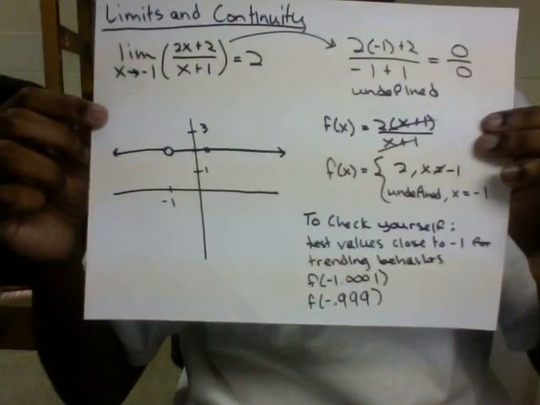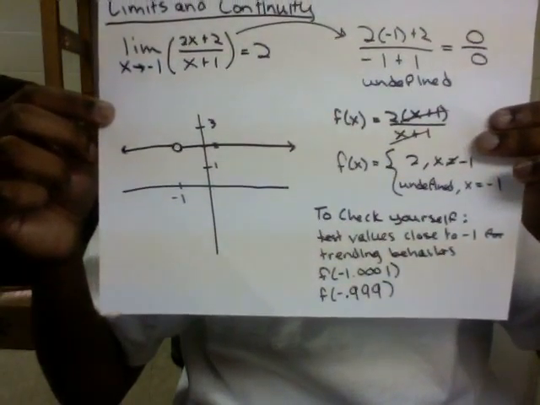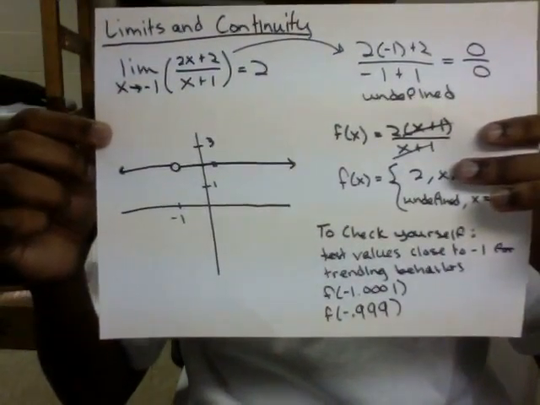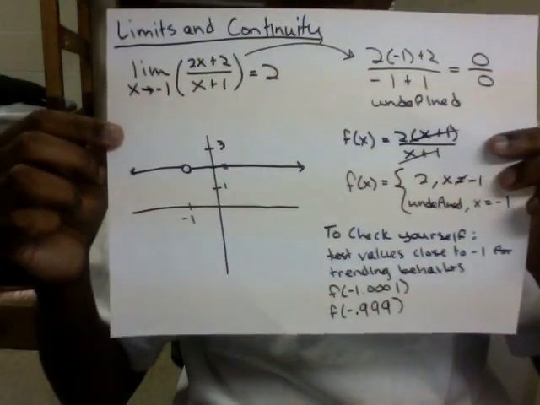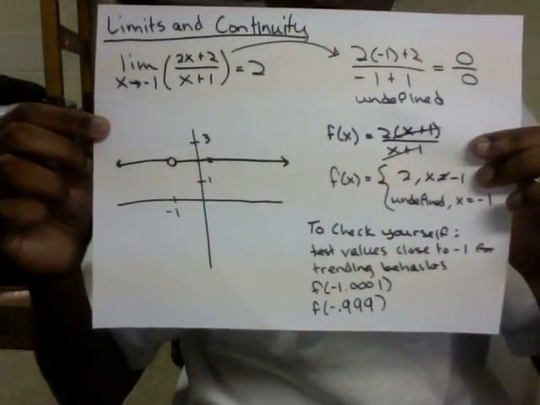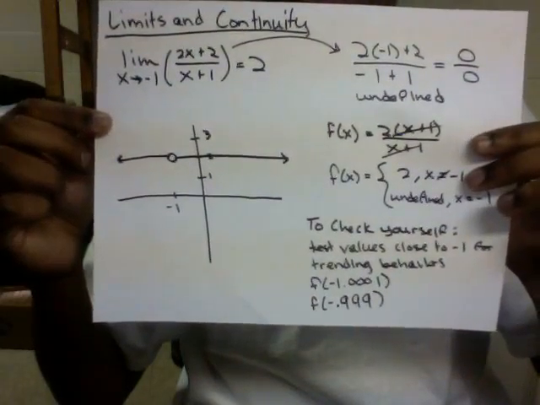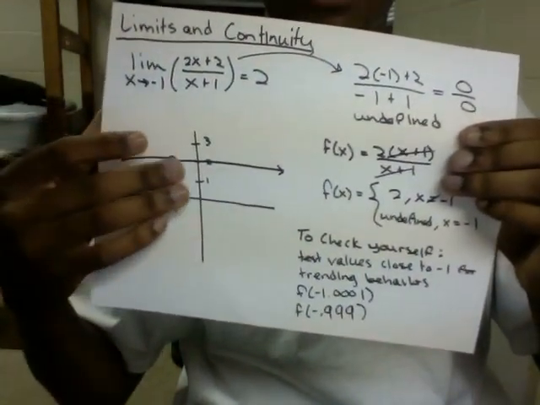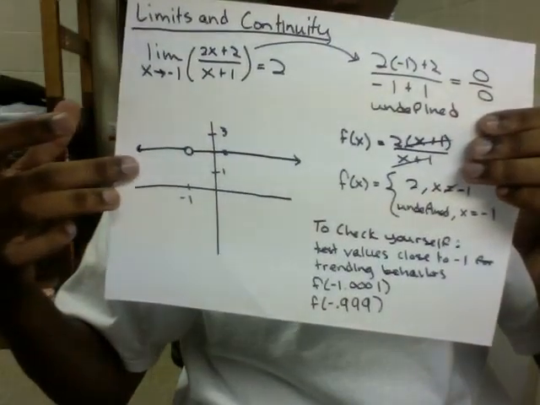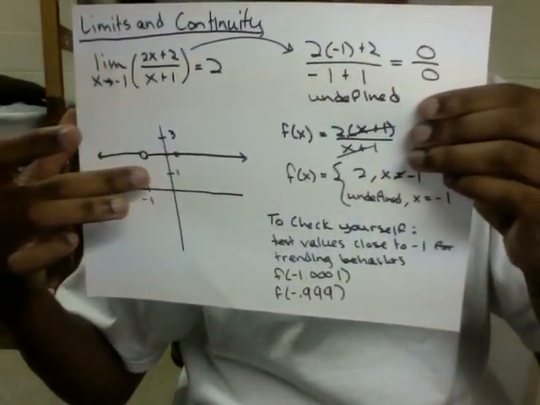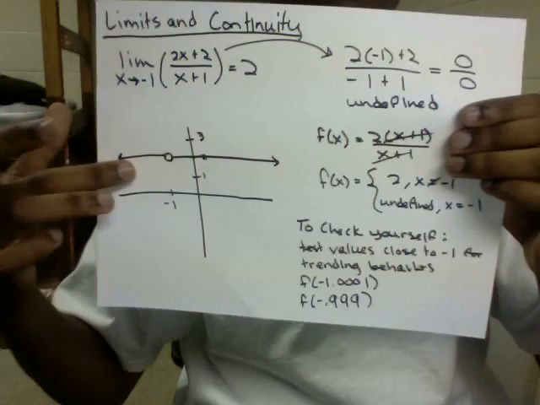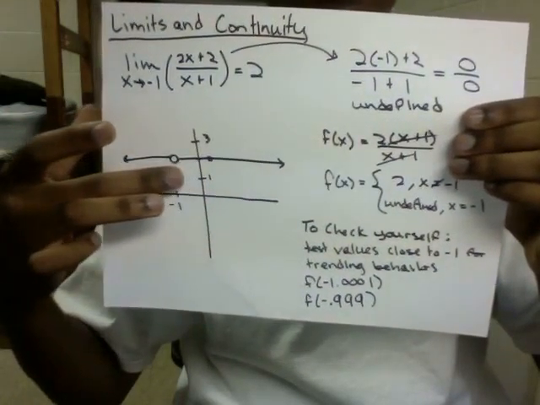But with that, we also know that it can't be at -1. So f of x equals 2 when x is not equal to -1, and it is undefined at -1. As we can see, there's a hole in the graph at -1, but everywhere else it is continuous. The graph itself is discontinuous, but the limit still equals 2.